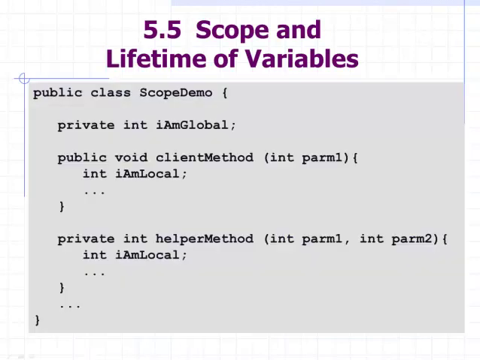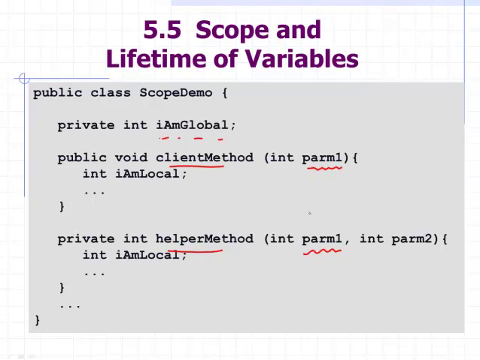For instance, in this slight modification of a class demonstrating scope, we have our global variable up here, I am global, but then we have a client method and a helper method, and both of them have a parameter named parm1.